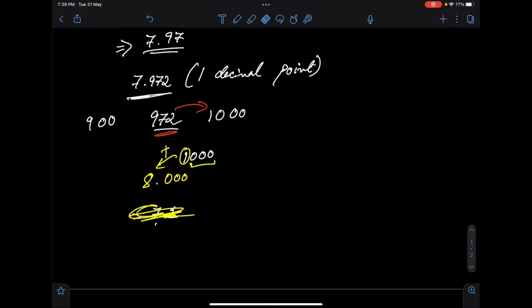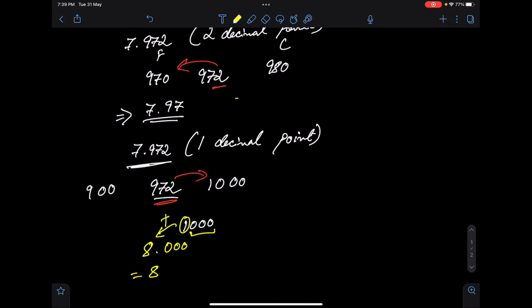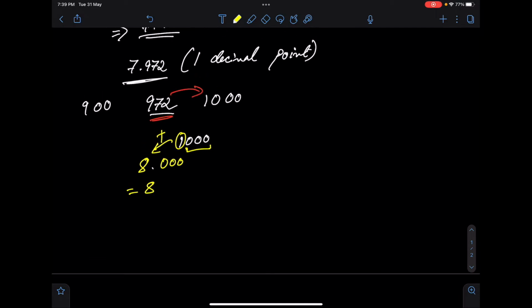That's the right thing to do, because it was pretty clear last time as well how even after sealing the answer becomes 7.1. It was 7.9, so it should have gone higher, isn't it? That's what I told you guys while defining rounding off. Okay, now let's go to the next conversion.